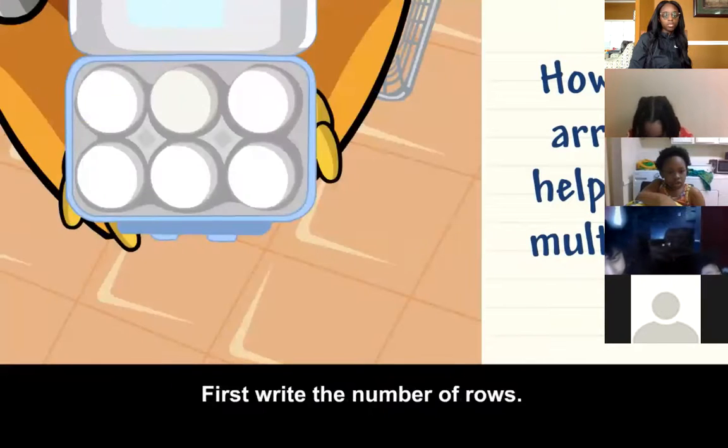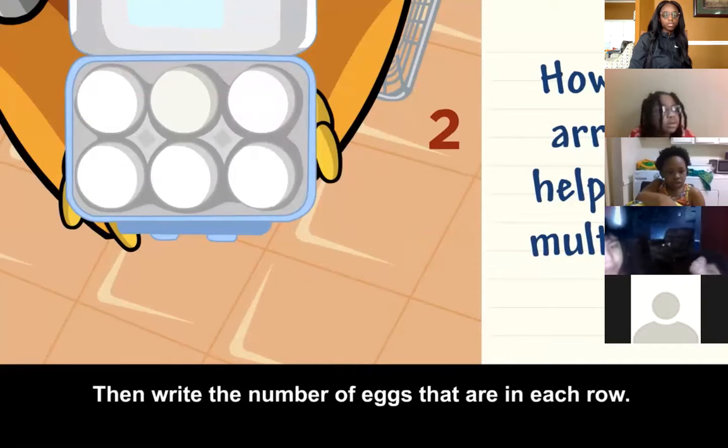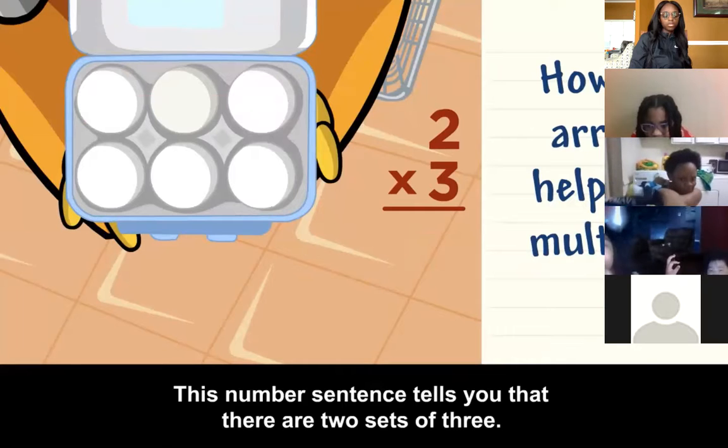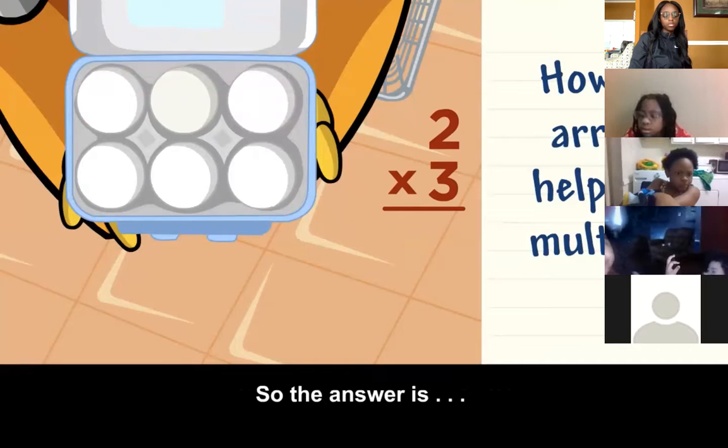First, write the number of rows. That's 2. Then write the number of eggs that are in each row. That's 3. The X symbol means to multiply. This number sentence tells you that there are 2 sets of 3. So the answer is 6.